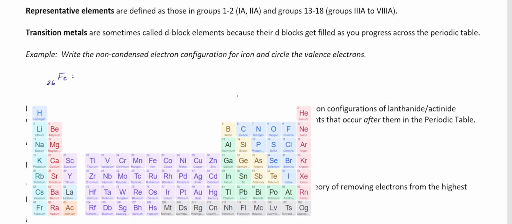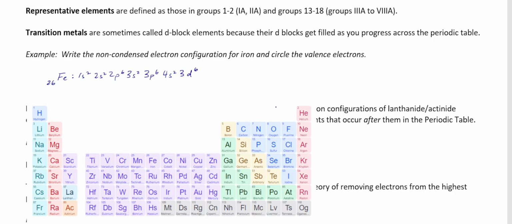So 1s2, 2s2, 2p6, 3s2, 3p6, 4s2, and then 3d, because remember, we go from 4s to 3d. 3d, 1, 2, 3, 4, 5, 6, 3d6.